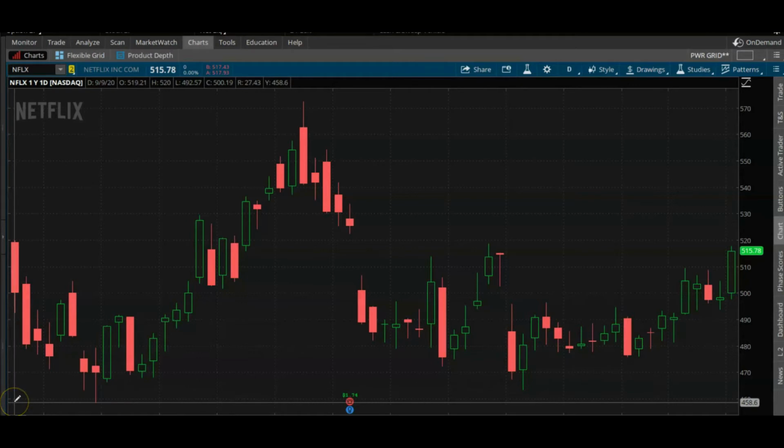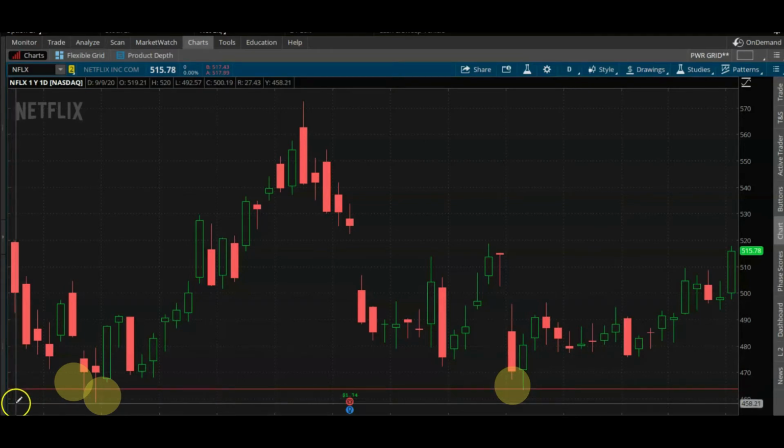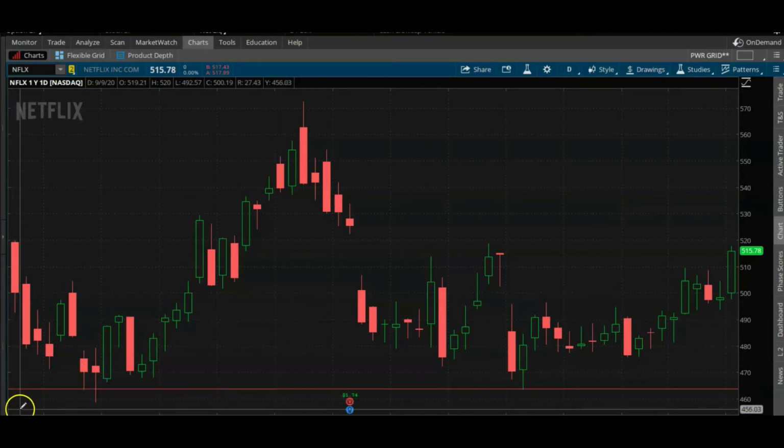So instead of drawing it all the way at the bottom here, I'm going to move up a bit and I can see 3 candlestick wicks touching this particular price point. So my first level goes there.